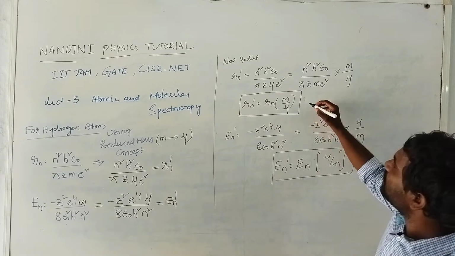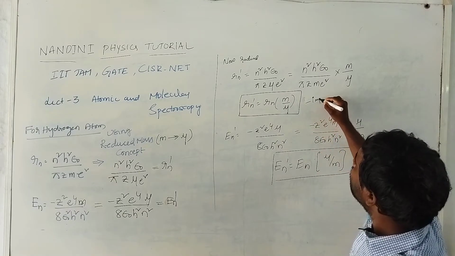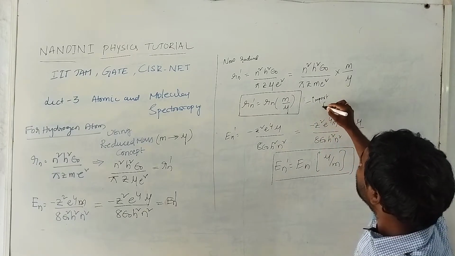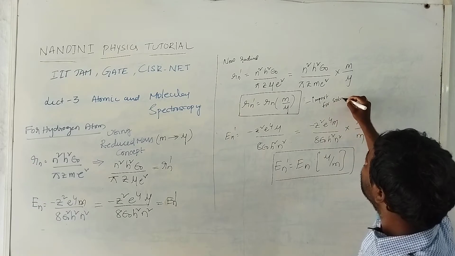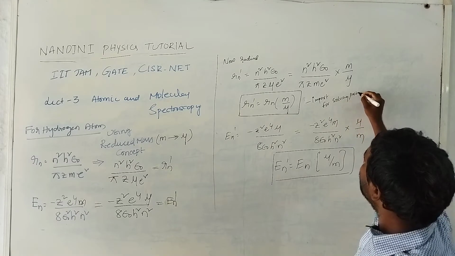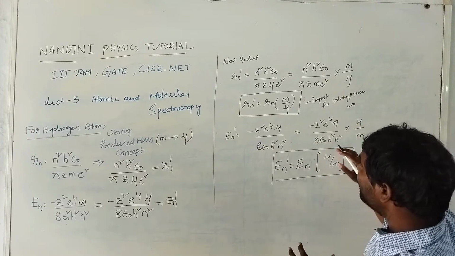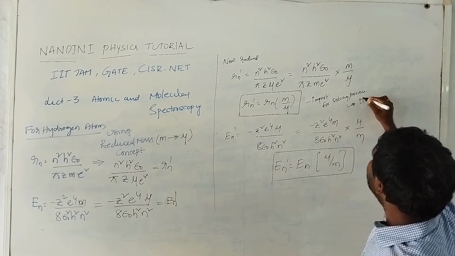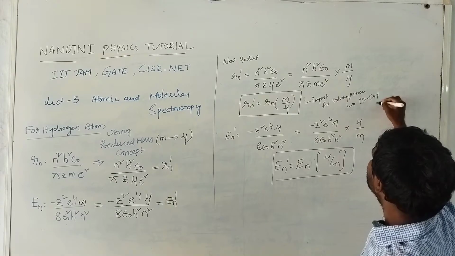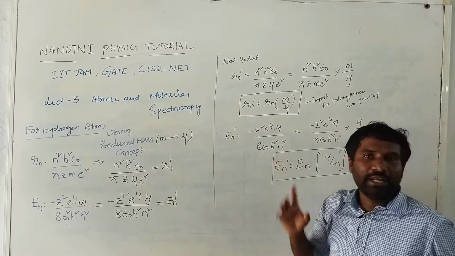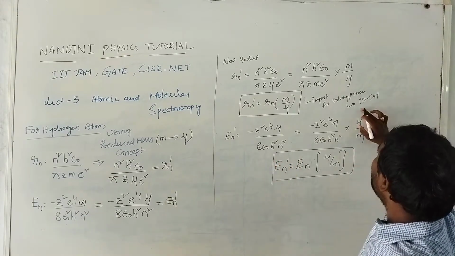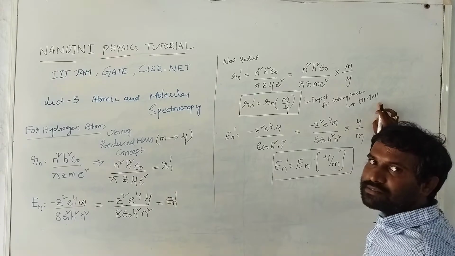So these two equations are very important for solving problems. These are almost given at IIT JAM level. So these equations are very important for those who appear for the IIT JAM entrance exam.